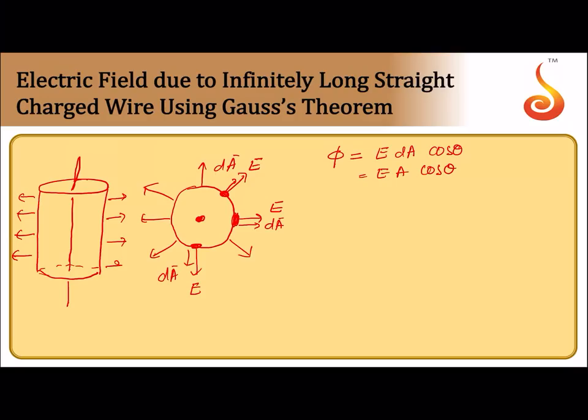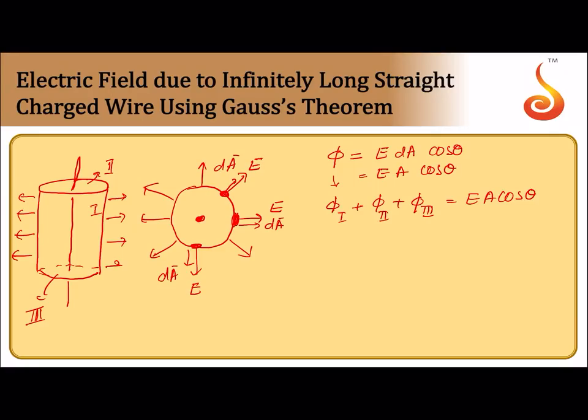So remember, the left hand side contains three parts: flux over the surface 1, flux over the surface 2, flux over the surface number 3 is equal to E A cos theta. Now let us look at these things. This is surface 1. This is surface 2. That's right. We wrote this as surface number 1 and this as surface number 2, this as surface number 3.